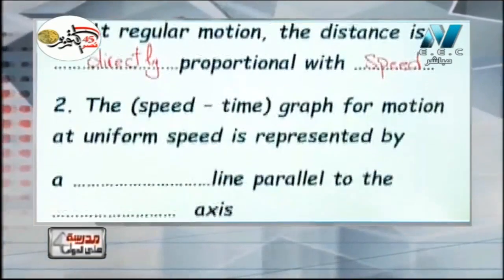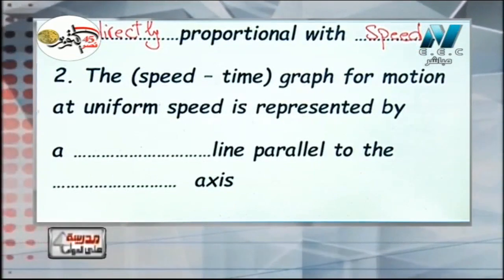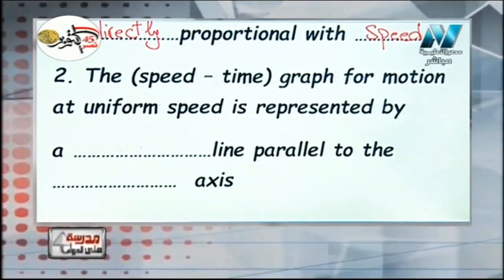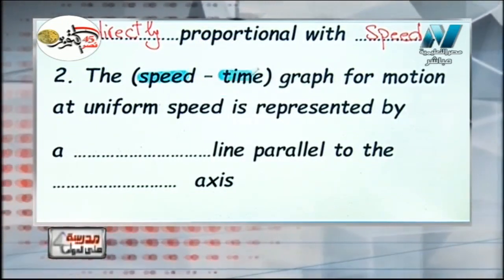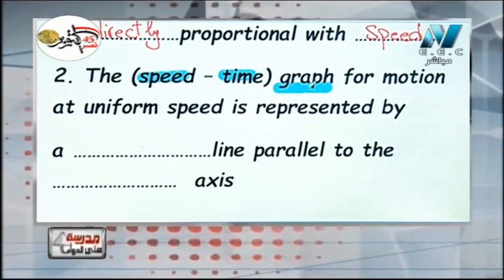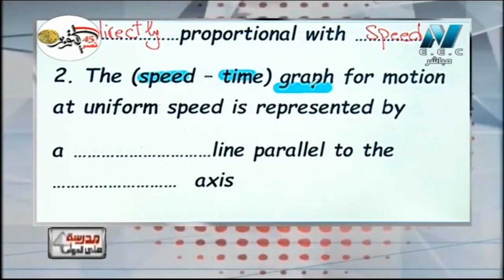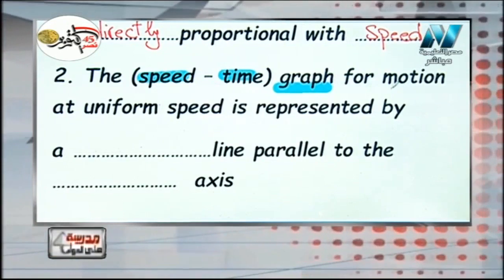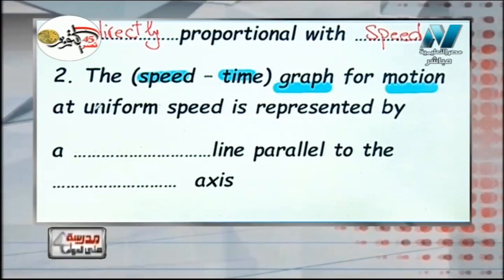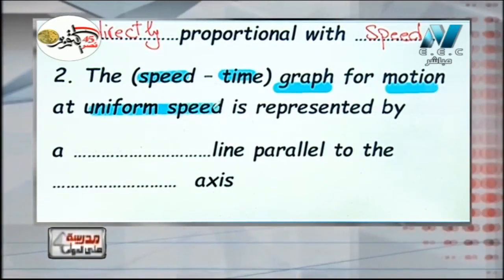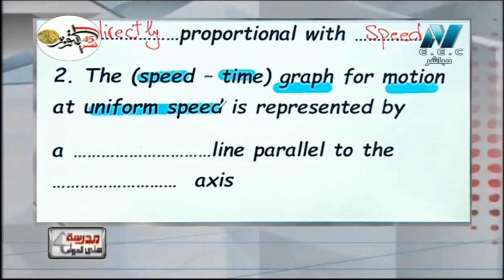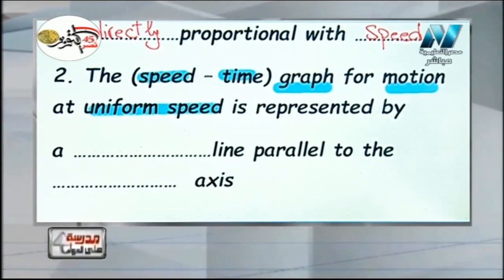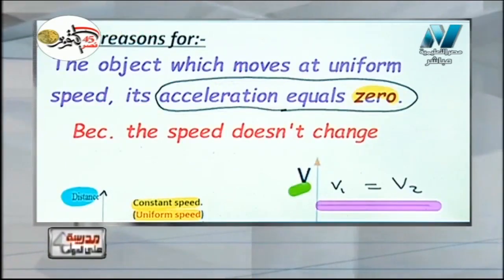The next question is about the speed-time graph. We should focus on this point. In the speed-time graph we talk about acceleration, or change in speed, for motion at uniform speed. So we have no change in the speed. The speed is constant. It is represented by a what line parallel to the time axis, as we have here in this graph on the right side.